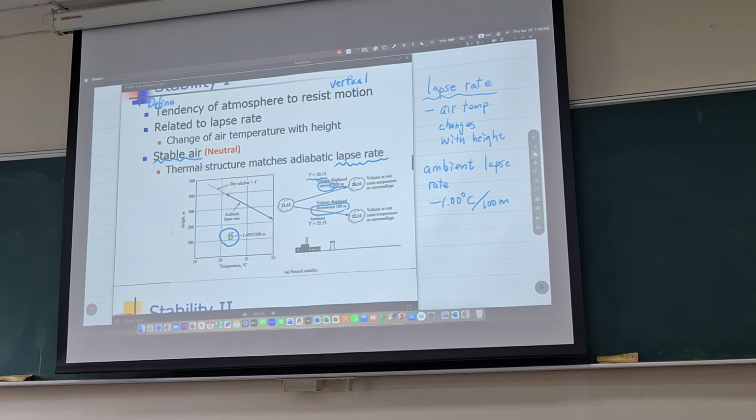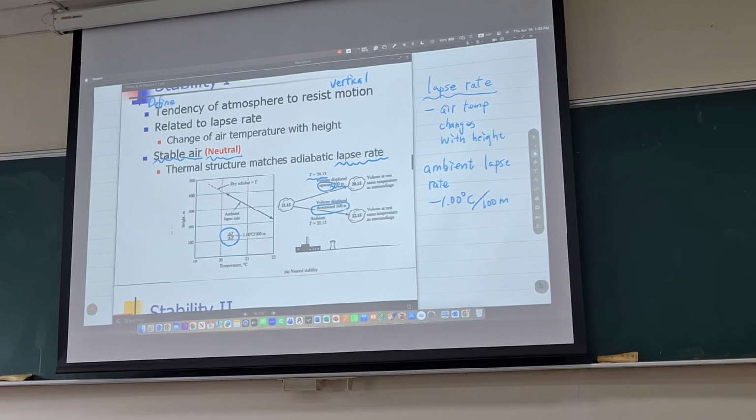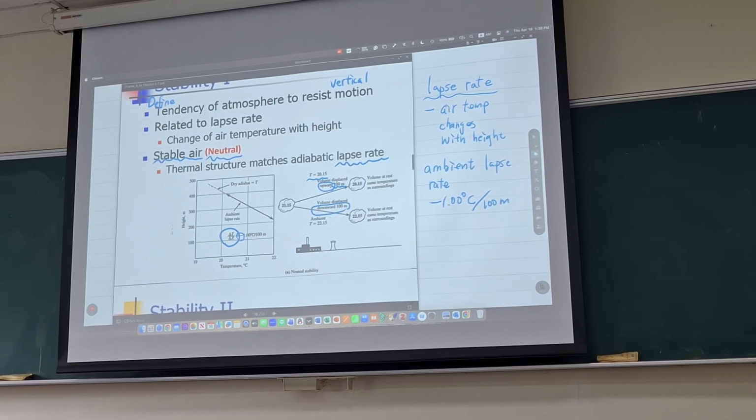Okay, so in neutral stability, the environmental lapse rate equals the adiabatic lapse rate. However, as the height changes upwards or downwards, the temperature will change. Okay, and because this is a minus value, right? If you go upwards 100 meters, the temperature becomes 20.15. And if you move downwards, the temperature becomes 22.15.